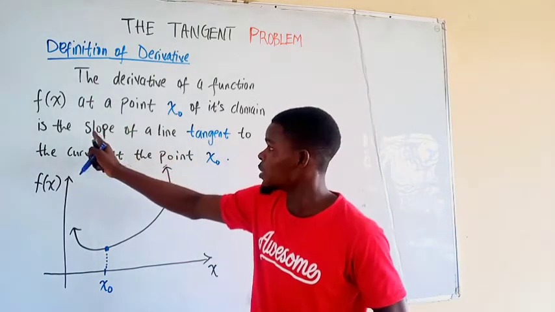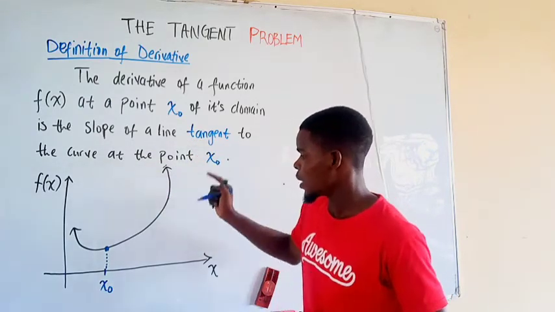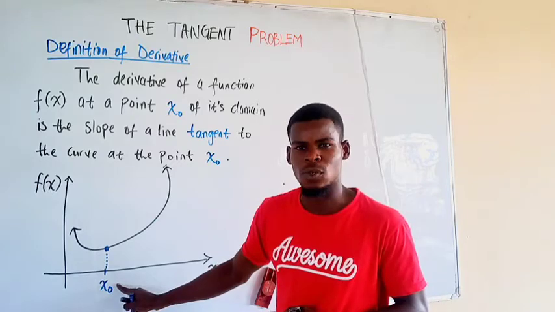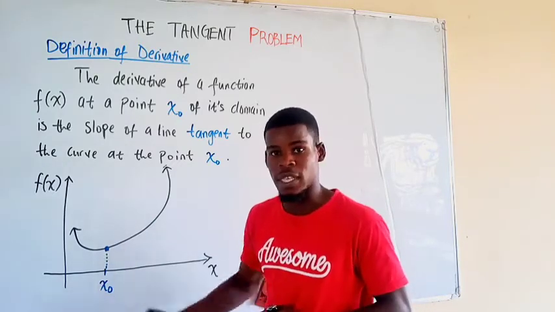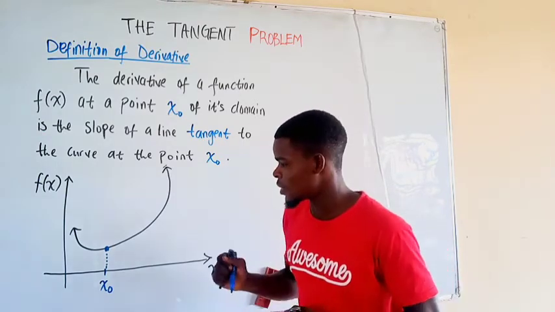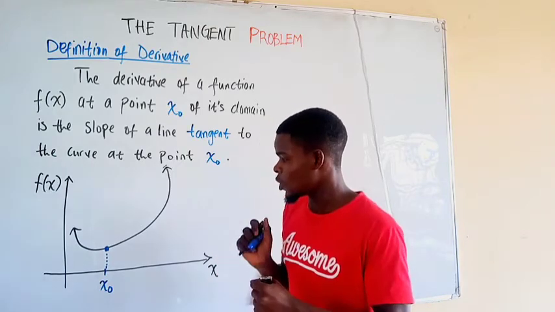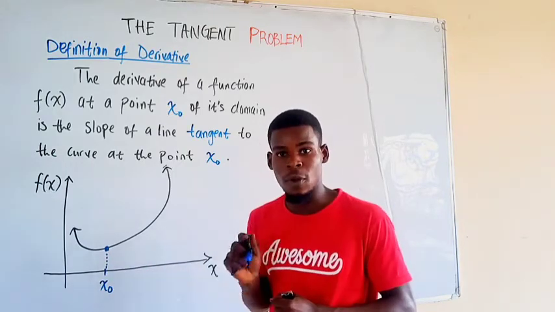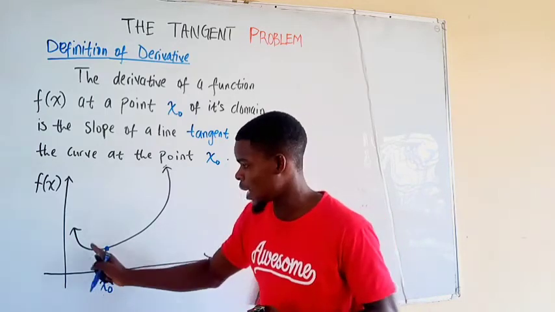We have that the derivative is the slope of the line tangent to the curve at that point x naught. Since this is the point x naught, we want to find the line tangent to this curve at this point. What do we mean for a line to be tangent to a curve at a point? That is, the line just touches. That's the meaning of tangent. It just touches the curve at that single point x naught. We do not care if it cuts the curve at some other point.